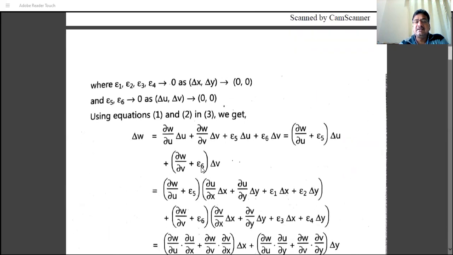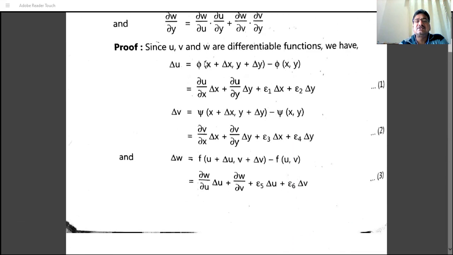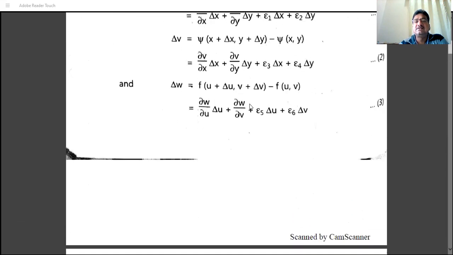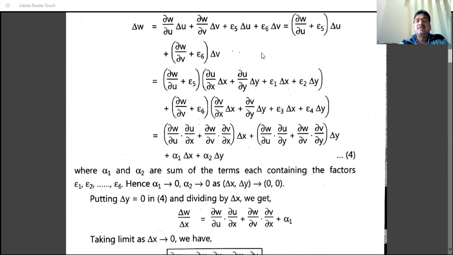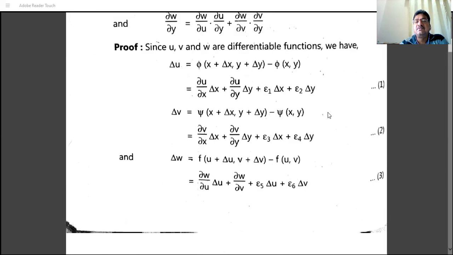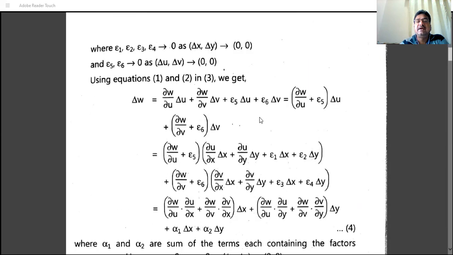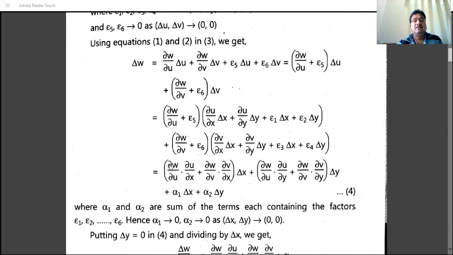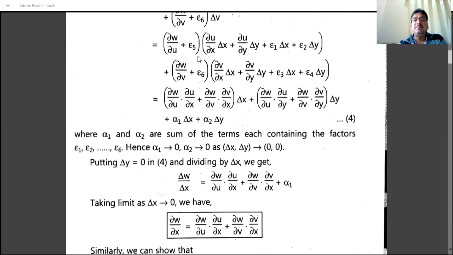So we have this, and then substitute the values of delta u as this, and delta v as this. So we have this bracket, value of delta u is this, plus this bracket, value of delta v is this, from equations number 1 and 2. From equations 1 and 2, using in 3, we get this. Okay, and then multiplication of these two brackets.